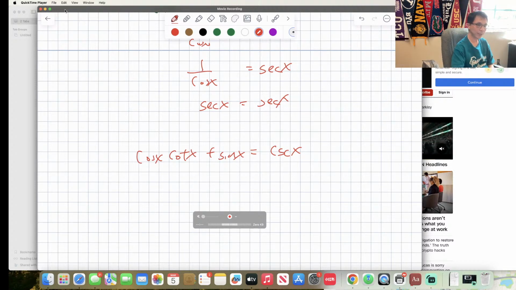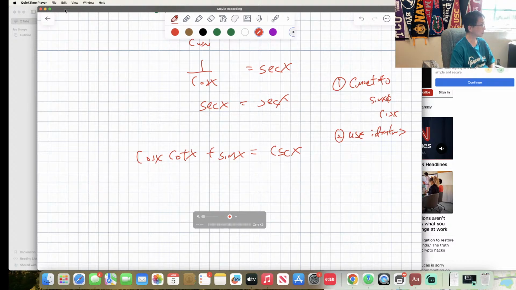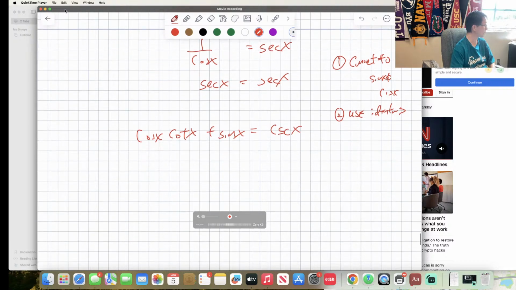So the first trick you can use is convert to sine and cosine. The second trick you can use is use identity. Good. It's verified, so I don't need to go over it, right?